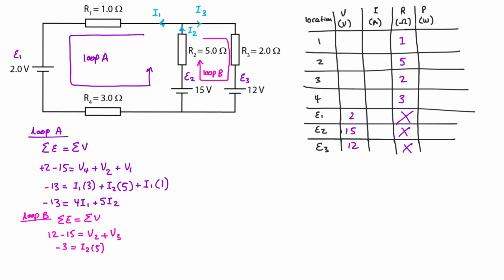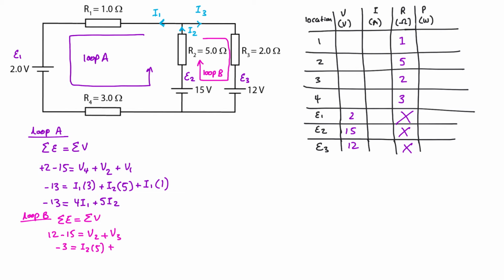and plus, for V3, I'm assuming that I3 is going in this direction, and in terms of my loop it's the same idea, so I can use a positive value of current here, and that's going through this resistor.